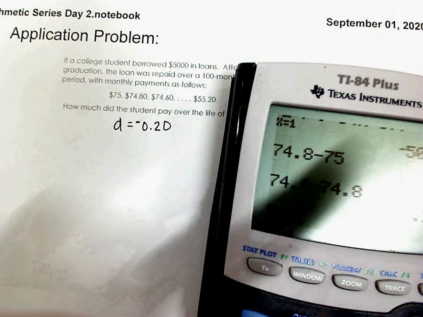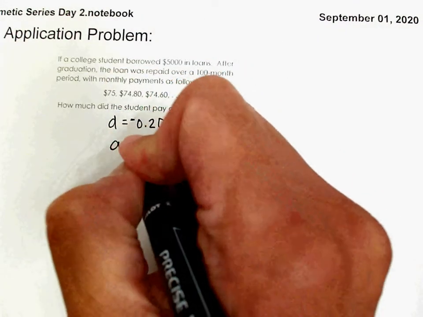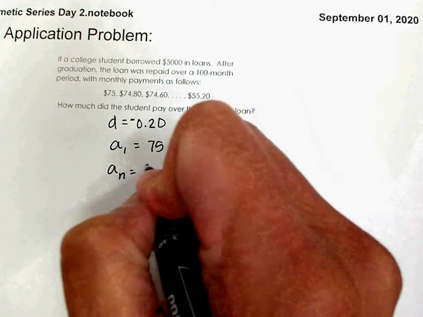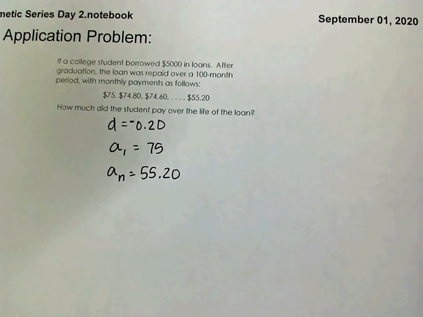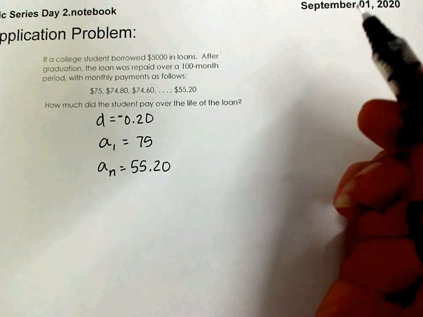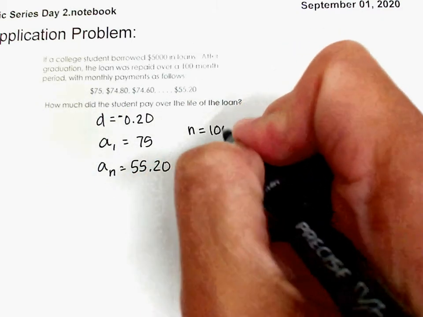There's your 0.2. All right. My first term is 75, and your last term is 55.20. Which one of the following is going to help you find the total for the life of the loan? All right. By the way, the n is 100. So, letting you know that.